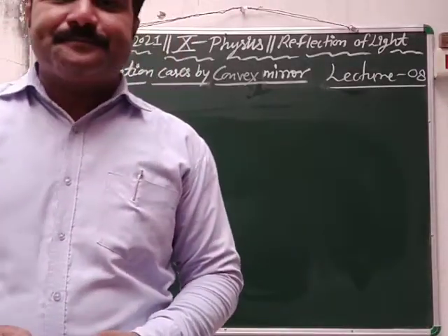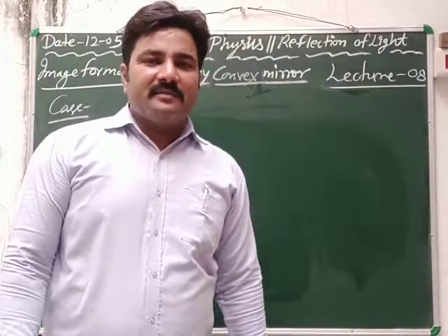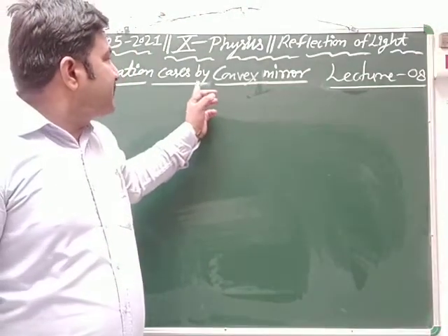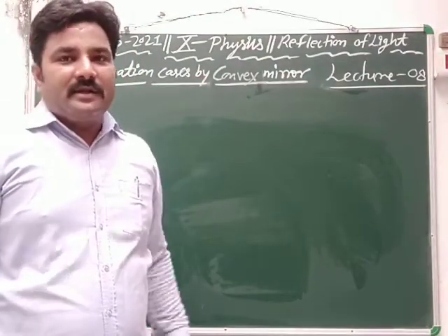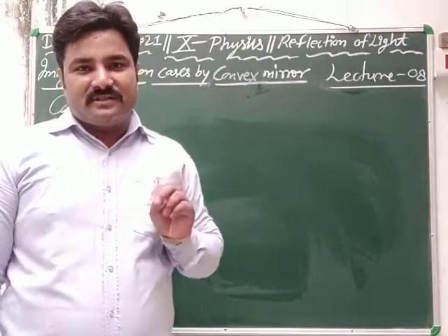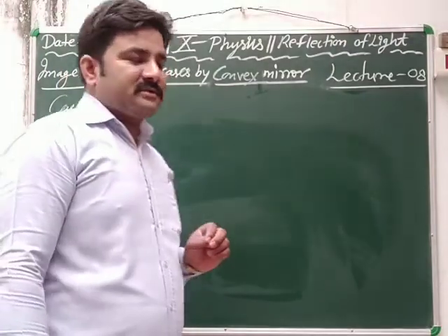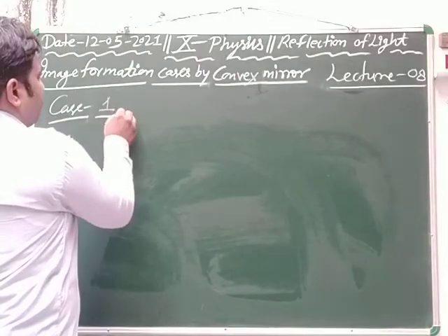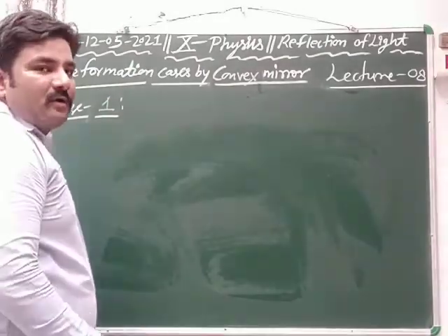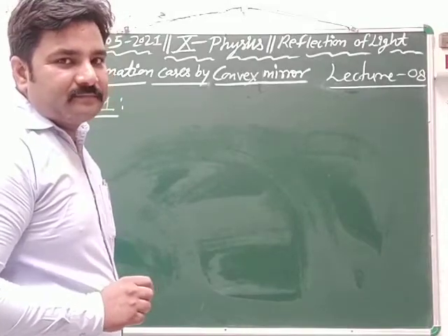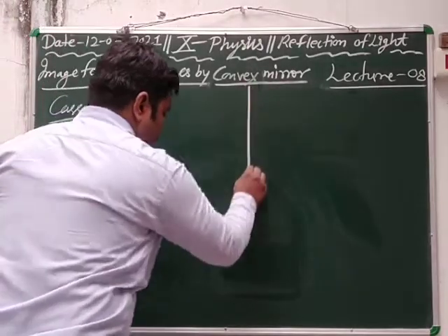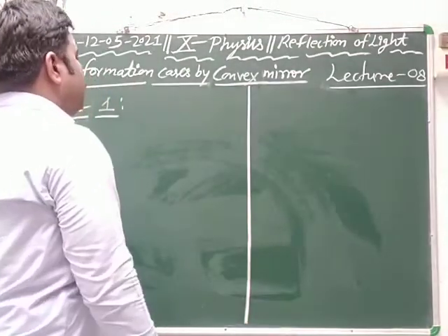After the image formation by concave mirror, the next one is the image formation cases by convex mirror. In convex mirror, there are a total of two cases, very easy cases. Just see first, case number 1. When the object lies at infinity. We discuss the two in two blocks.